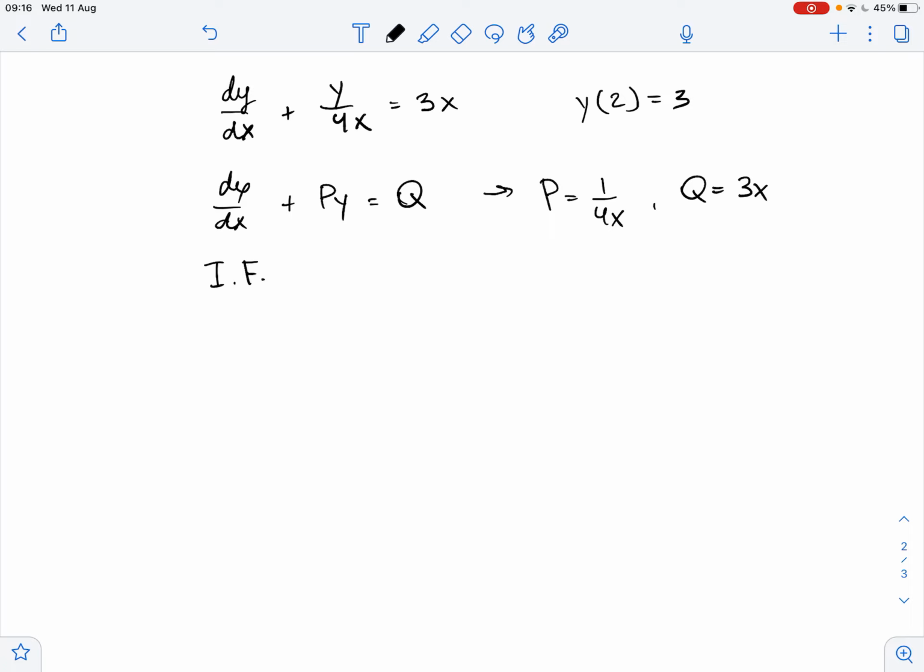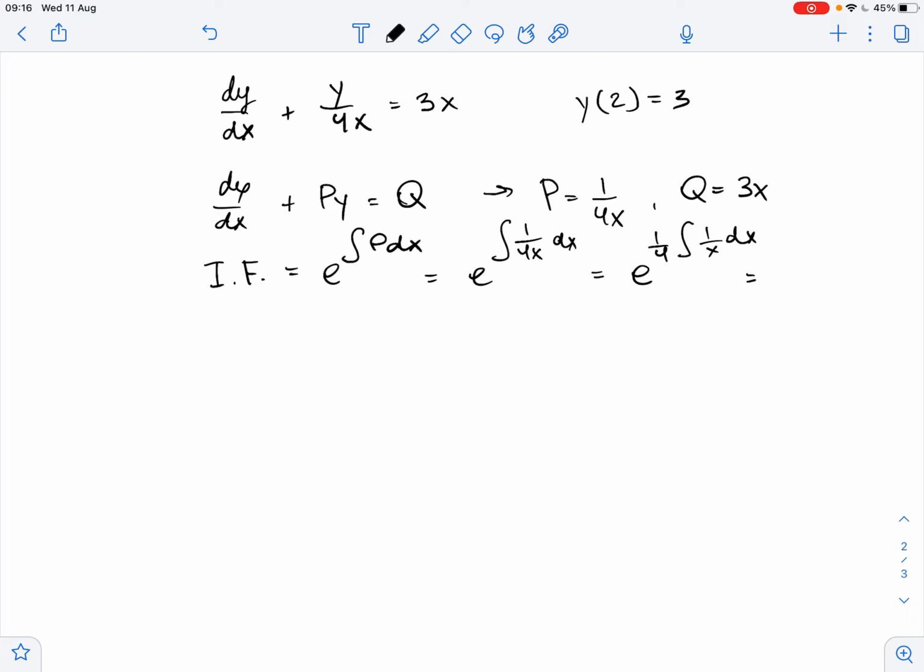So integrating factor equals e to the power of integral of p dx. So it equals e to the power of integral of 1 over 4x dx. So it equals e to the power of 1 over 4 times integral of 1 over x dx.